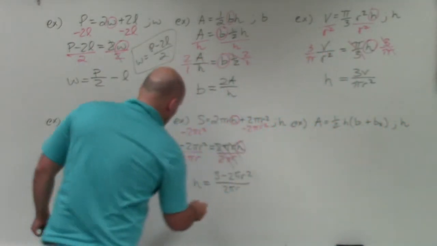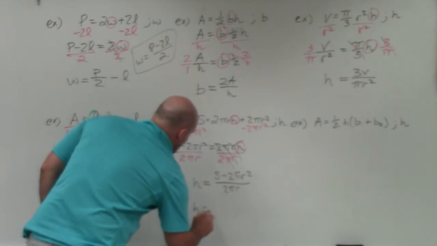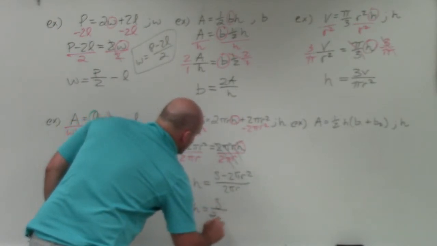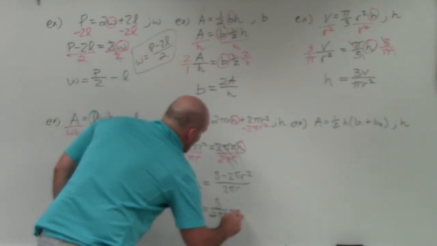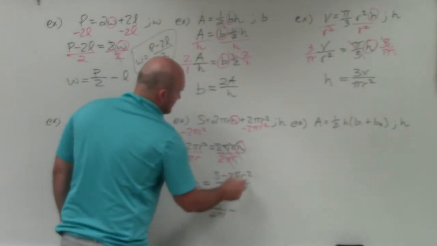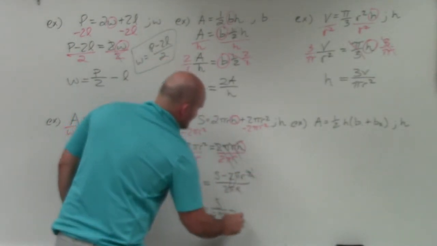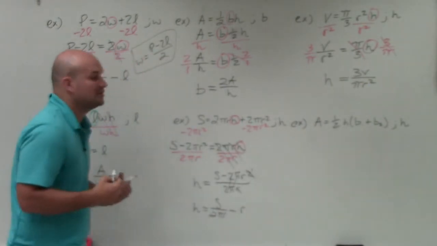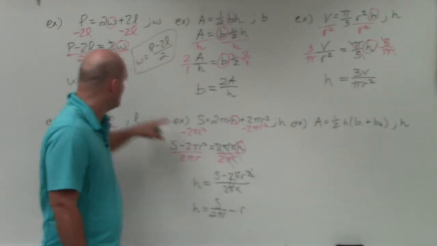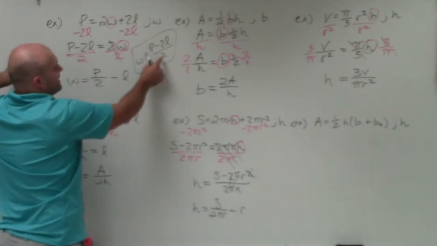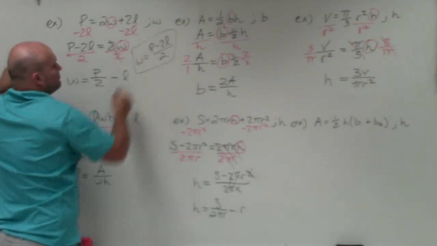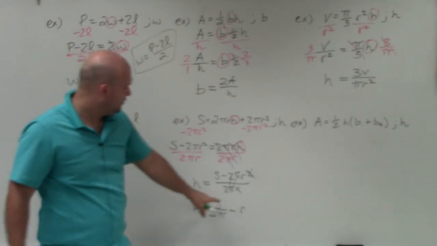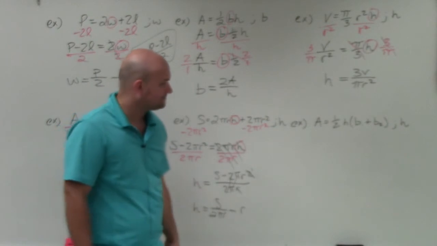So I can actually simplify this as h equals s divided by 2 pi r minus, that goes to 1, that goes to 1, that leaves me with r. So that's actually going to be my final form. Just make sure when you're dividing a binomial by a single term, you divide that term into both terms of your binomial, which I did here, which is how I simplified this.